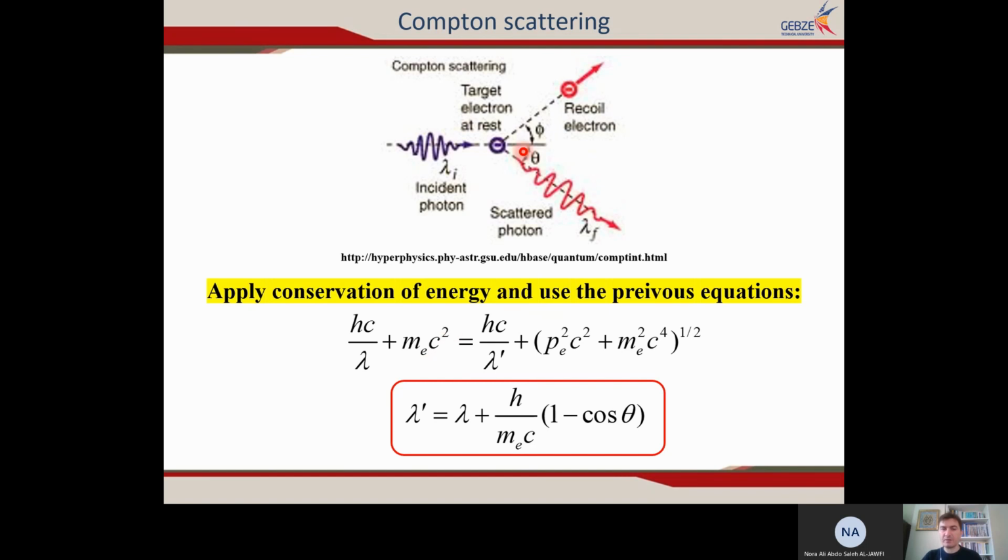And after the collision, we have energy of the photon, which is given by hc over lambda prime. So actually, these are the energies, right? Initial energy of the photon, final energy of the photon. And here we have final energy of the recoil electron, which is given by the square root of p squared times c squared plus m_e squared times c to the power 4, where p is the momentum of the electron.